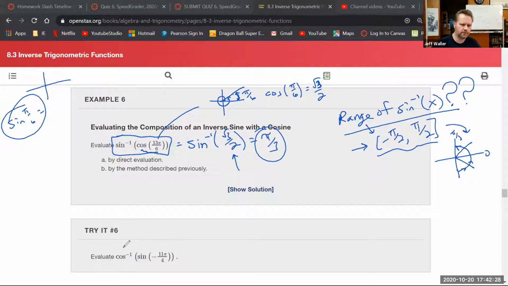Can you guys see number 6? Hopefully it's not too far down there. Go ahead and try to do number 6.